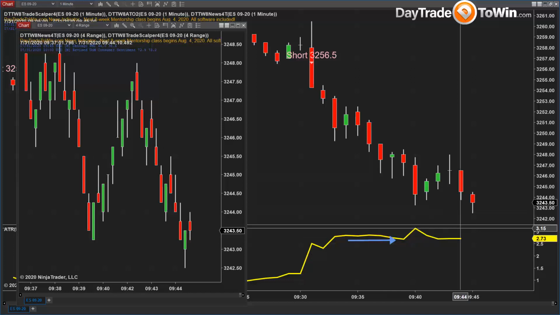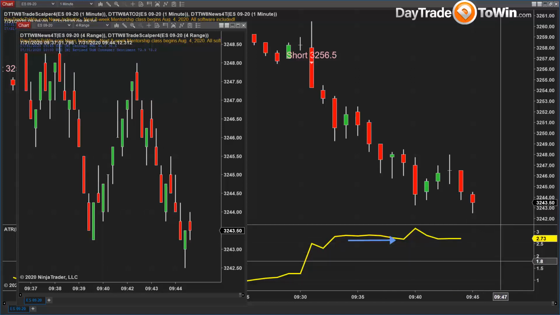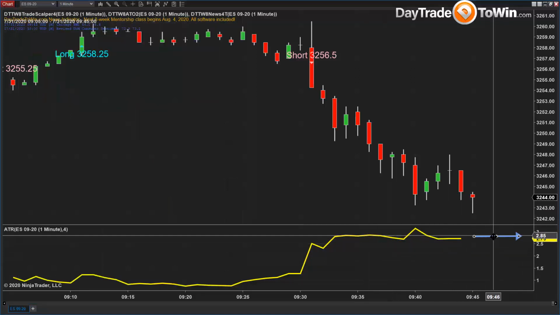With the ATR being at 3 or 2 3/4, the profit target needs to be closer to the ATR value. So if the ATR is 2.73, the target should be close to 2.73. In this example, I would say a 2.5-point target and a 2 3/4 point or 3-point stop.